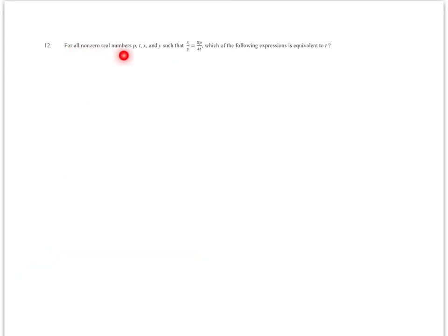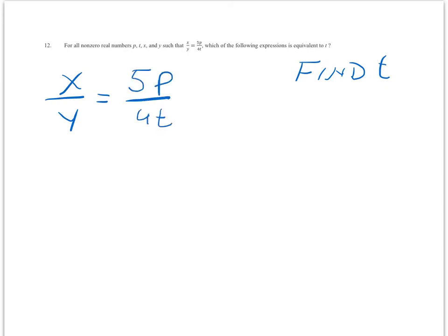For all non-zero real numbers p, t, x, and y, such that this is true, which of the following expressions is equivalent to t? That means solve the equation for t. So we got this hot mess. First I'm going to get rid of my fraction by multiplying both sides by y and 4t.